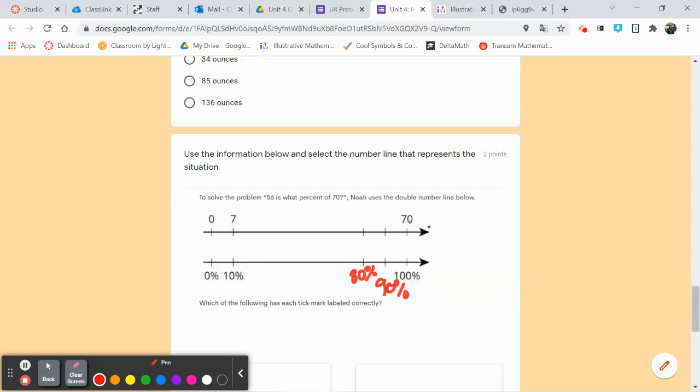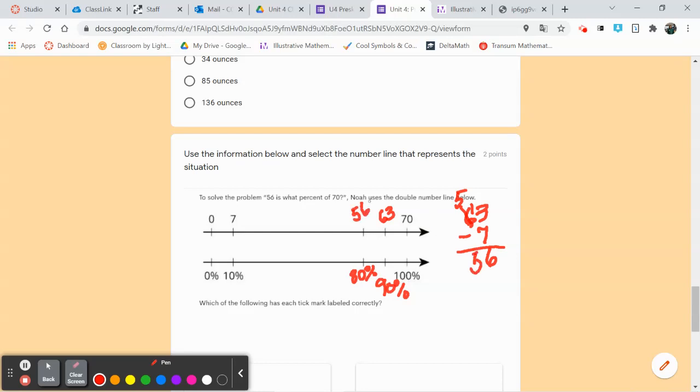So I can go to the end and subtract. 70 minus 7 gives me 63. 63 minus 7, you borrow. 13 minus 7 is 6. Bring down your 5, 56.